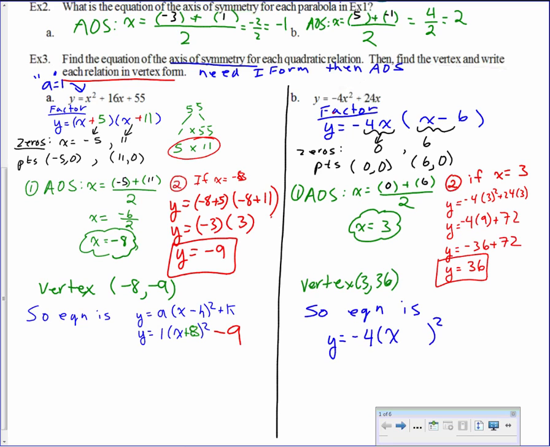So, in order to come up with our final equation for our parabola, we have a is negative 4, because the negative 4 is on the x squared term, and then we have x minus blank. Since it's plus 3 here, it's minus 3 in the brackets, and then our y value becomes plus 36 on the outside of our bracket, and we're done.